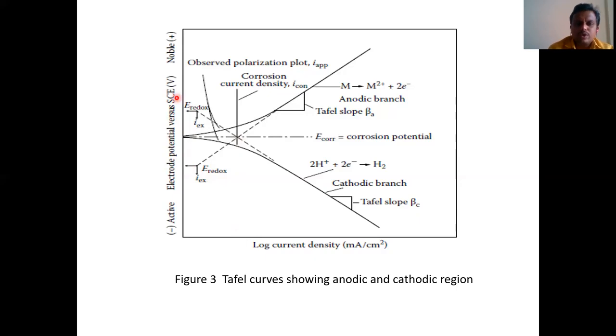ECOR should be more positive. If ECOR is more positive, that means the coating is intact and the corrosion resistance will be higher. And when the current density is lower, that means it increases the corrosion resistance. So in this way, you are getting the Tafel plot.